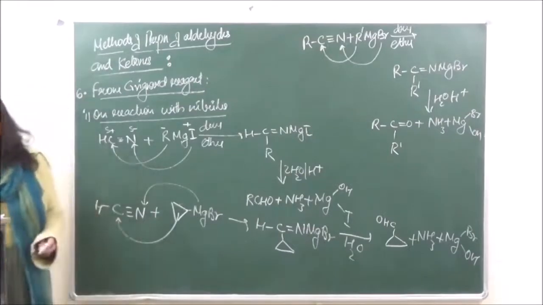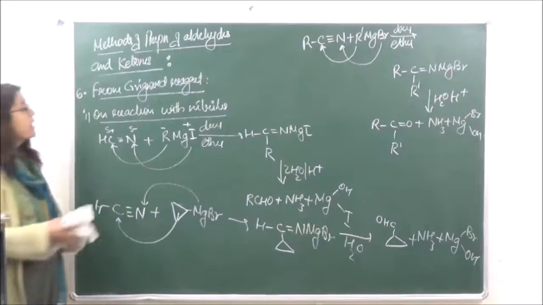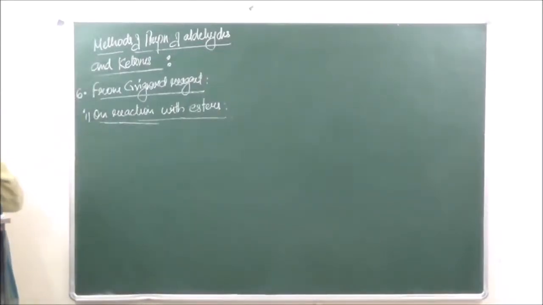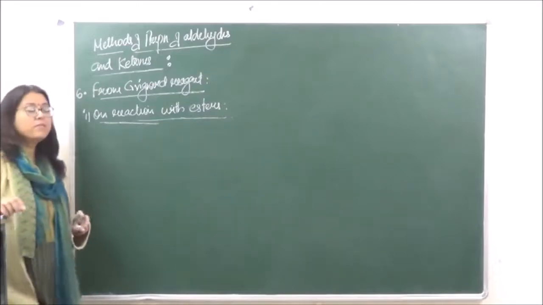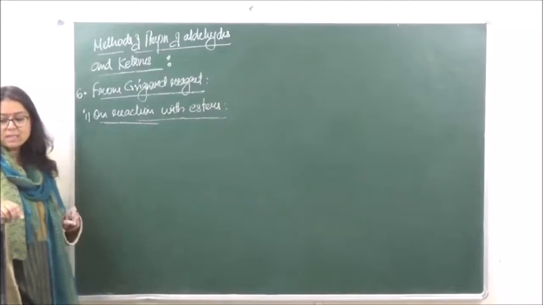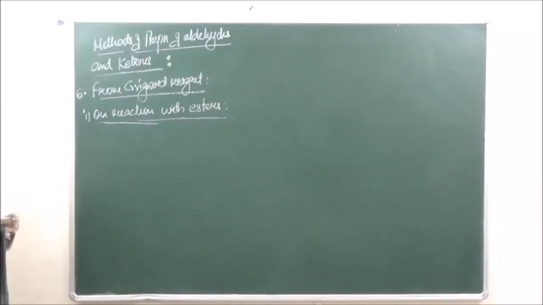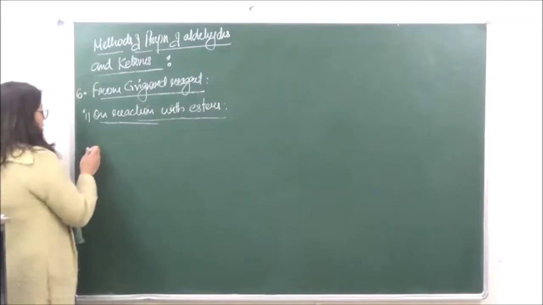So let's do the attack of Grignard reagent on esters, on reaction with esters. Now esters over here, it's seen that if you're taking a formic ester, that is going to give us aldehyde. But if you're taking other higher esters, that is going to give us ketones. So let's take the example with both. We are going to take a formic ester over here.